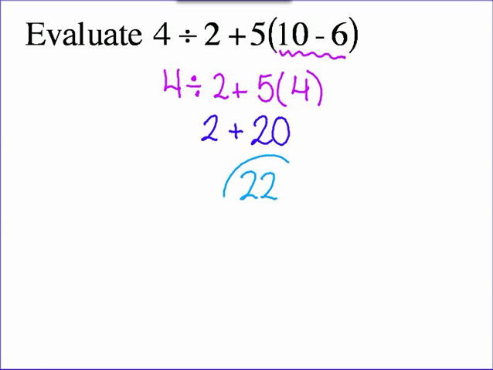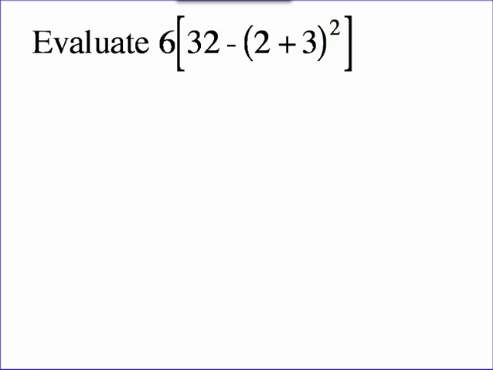Okay, so now we've added parentheses in the mix. So let's look at this one here. What do you do first there? Do the inside of the parentheses. You always do the 2 plus 3 in this case. So I'm going to leave the 6 alone, and I'm going to leave the 32 alone. 2 plus 3 I know is 5 squared.